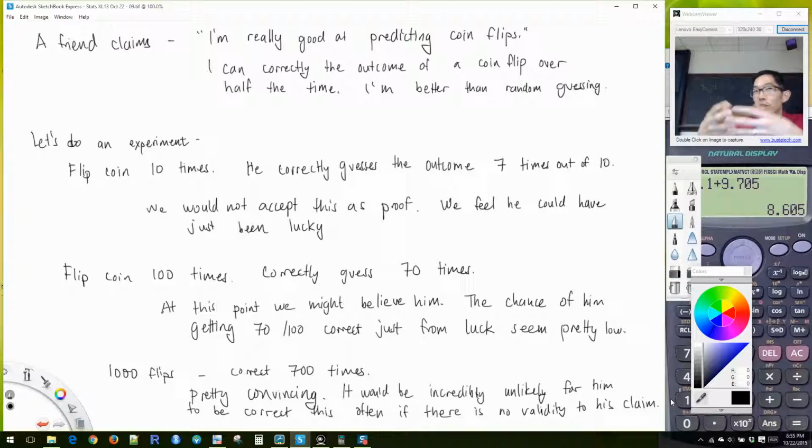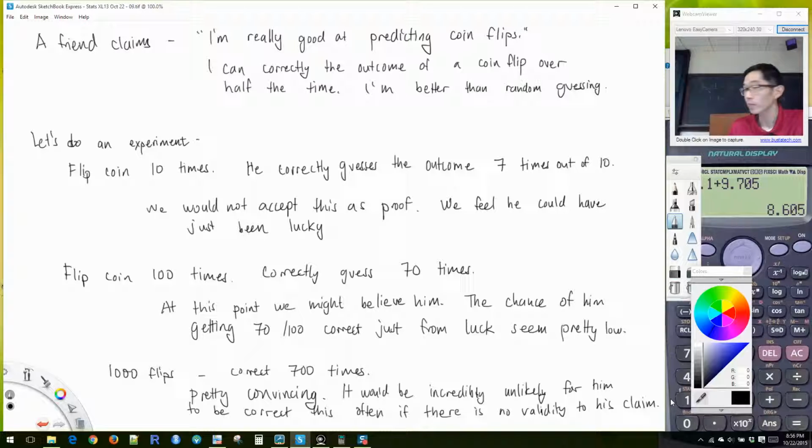And if the answer is it could have, then we're not convinced that this claim or whatever else is going on is actually going on. On the other hand, if our assumptions about what's going on make it incredibly unlikely for certain outcomes to appear, then that would be convincing to us that maybe something is going on.